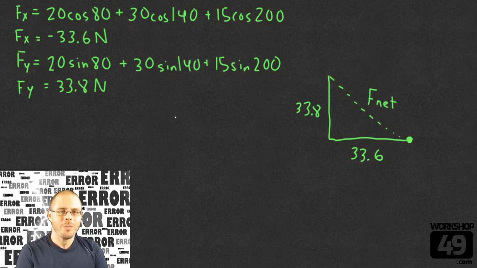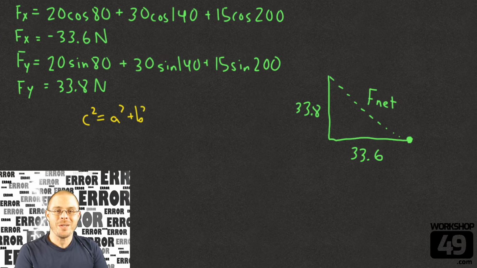In order to get that, we're going to have to do a little bit of Pythagorean theorem. Shouldn't make any mistakes here. c squared is equal to a squared plus b squared. We can go ahead and fill in our known values by saying that c squared is equal to 33.8 squared plus 33.6 squared.